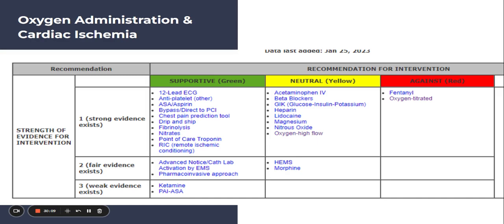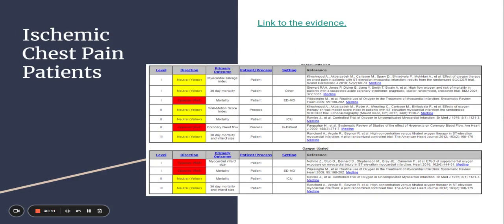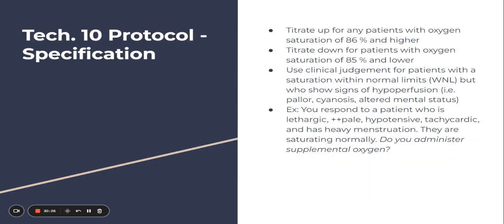These are ischemic chest pain patients. I have the link here. I invite you to go click on it so you can actually see the individual papers and their primary outcomes and where it was done, and really understand the impacts of hyper-oxygenating a patient who doesn't need it and who also has cardiac ischemia.